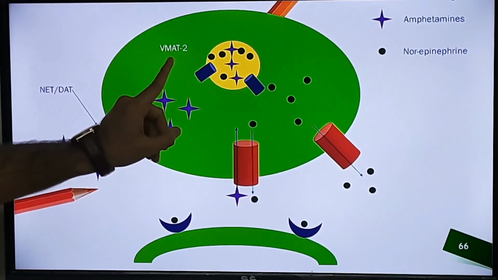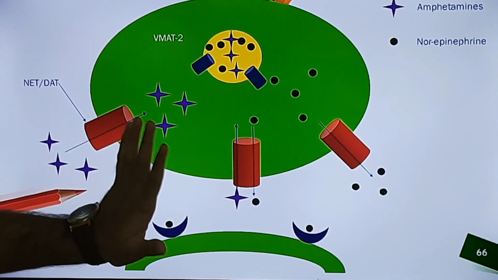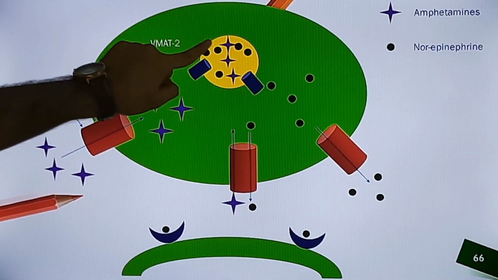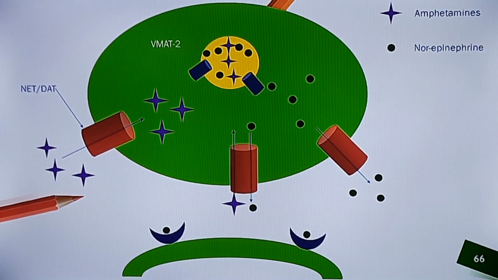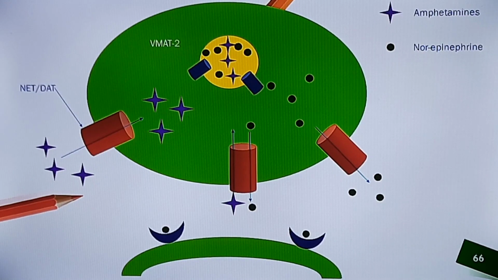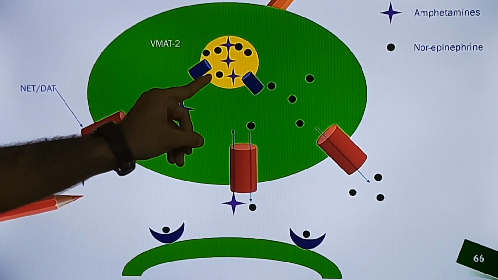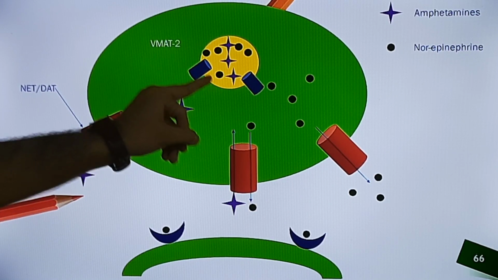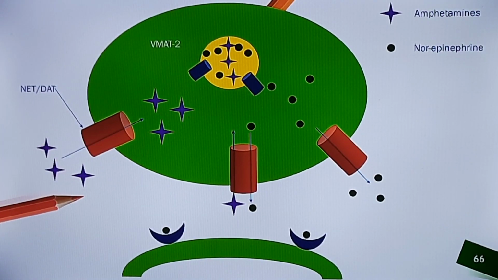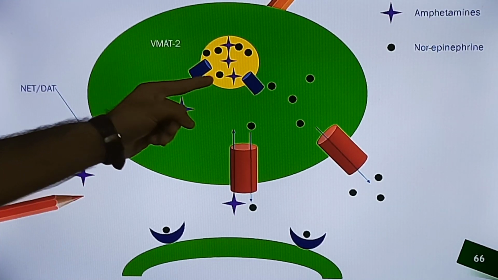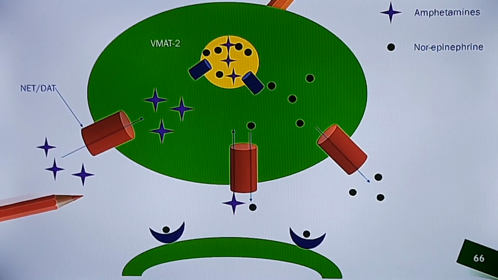Norepinephrine was already present here. But remember, this storage vesicle has a particular capacity to store norepinephrine. So as these amphetamines come inside, they will push our norepinephrine molecules, and where will they go? They will be released into the cytoplasm.